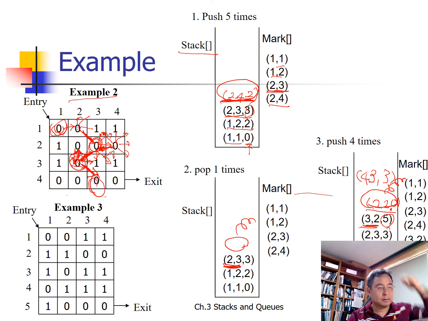So we will search every possible path. 0, 1, 2. Yes, 2 is yes. So the last one, 4,4, and 2 will be used.